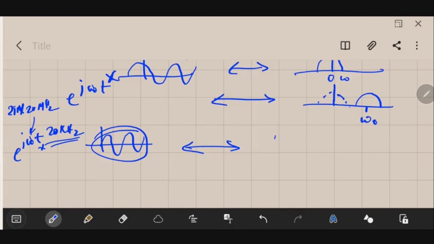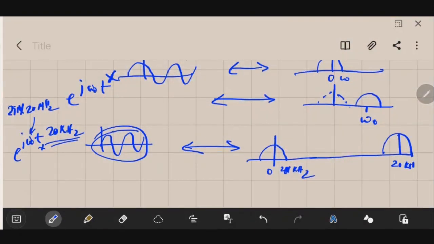Try to understand this. Initially, let's say this signal was like this around 0, and this was your 20 kilohertz. Now this signal will be shifted to this position, where it is at 20 megahertz. The benefit will be that if you simply use an antenna, it could be transmitted to a longer distance. Got it? That is the benefit.